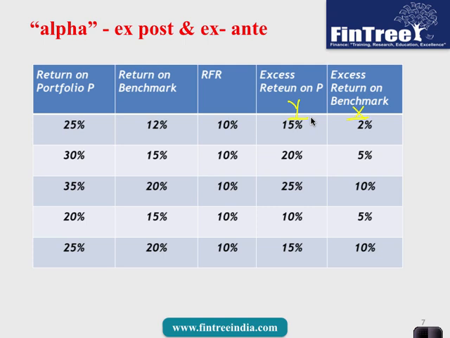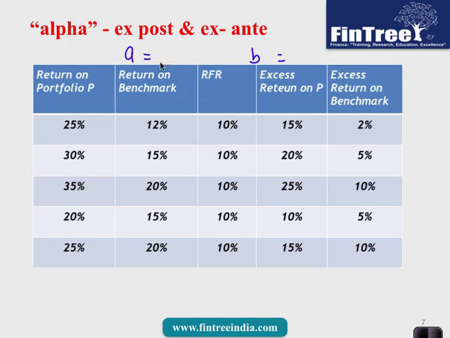Return on benchmark should be inserted into the data function as X, return on portfolio as Y. For the data function, we have to use second and 7 on the Texas Instruments calculator. And to get into the stat function, once we've inserted data, we press second and 8 and solve for A and B. When you keep on pressing the downward arrow, it will give you the values of A and B.